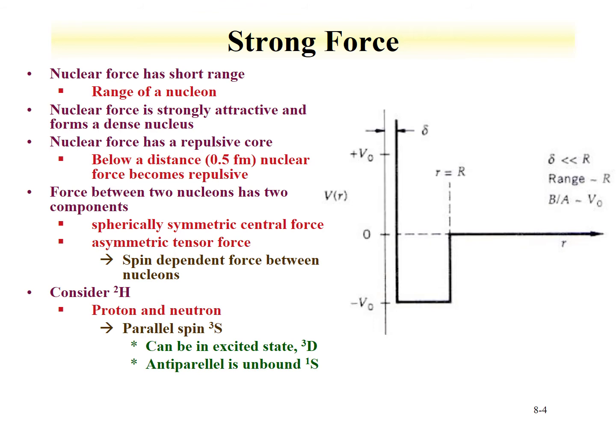The force between two nucleons has two components. There's a spherical, symmetric force, and then an asymmetric force. If one considers a relatively simple nucleus, deuterium, it has a proton and a neutron. These can be parallel spin, so the spin of the neutron and the proton being up. It can also be anti-parallel in unbound states.